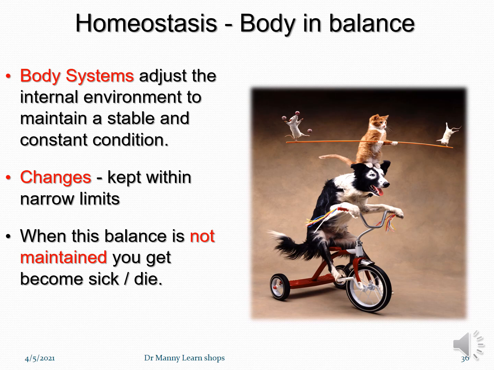So body systems adjust the internal environment to maintain a stable and constant condition. Any changes that occur within the body, and they do constantly, are kept within narrow limits which are still considered to be normal. However, when this balance is not maintained, you get sick and you can die.